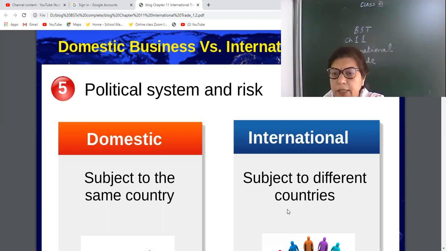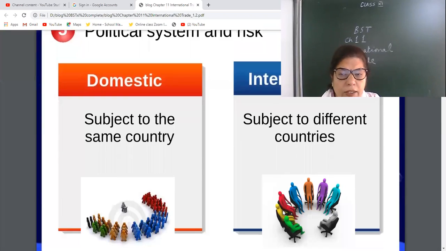So fraud and cheating possibilities are more in international trade. Damage in transit chances are also more, and a faulty payment system may be there. So risk factor is high.